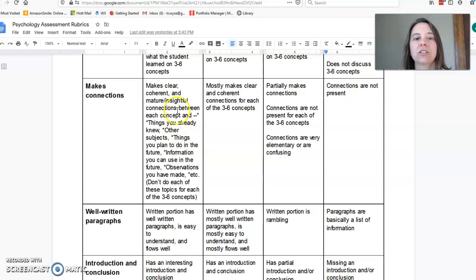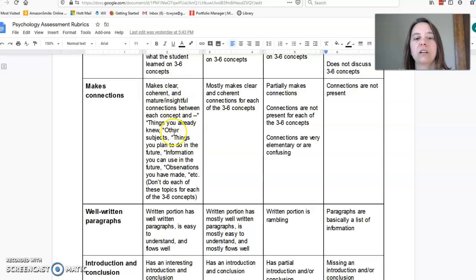And then making connections. Makes clear, coherent, and mature or insightful connections between each concept and things you already knew, other subjects, things you plan to do in the future, information you can use in the future, observations you have made, etc.